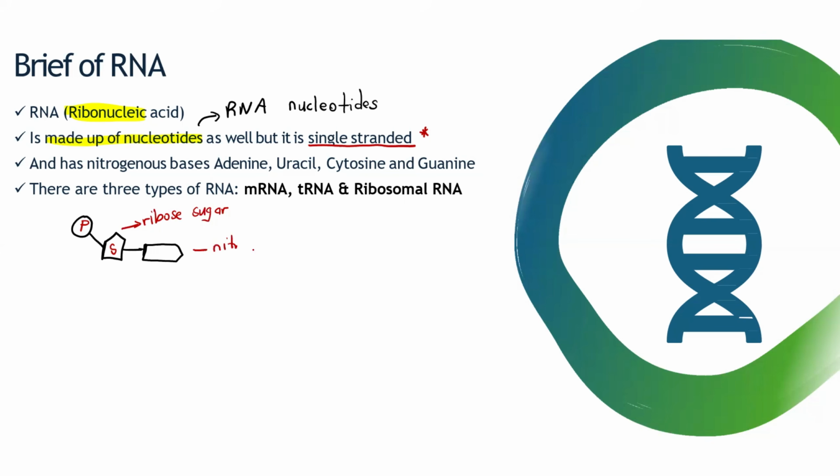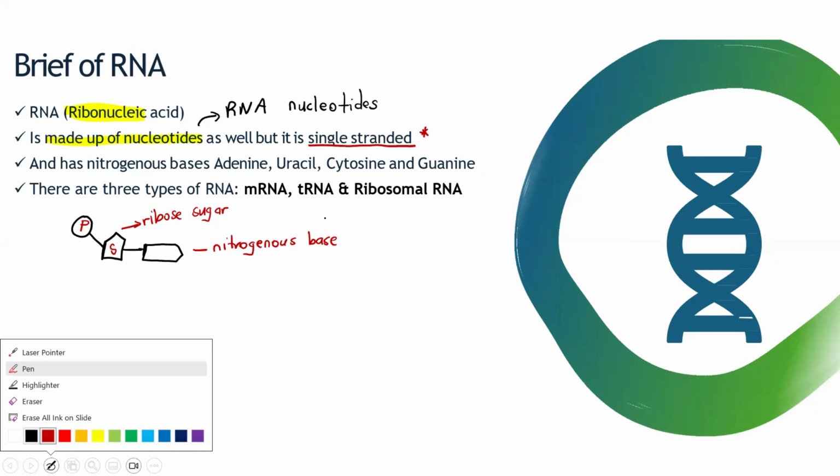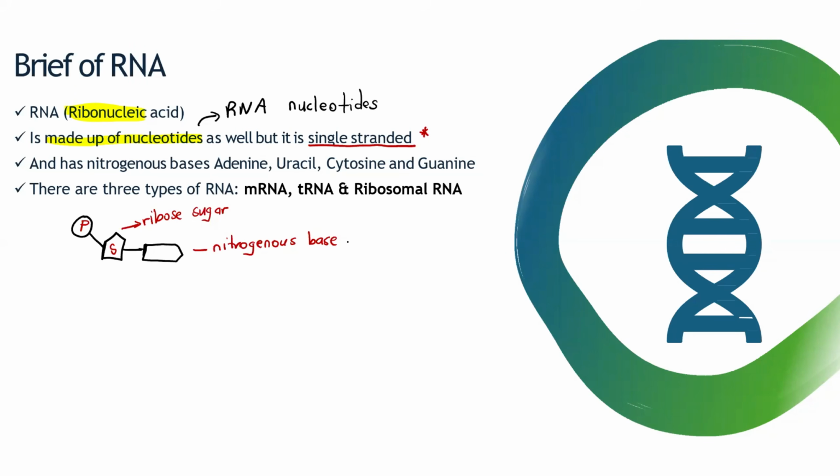A nitrogenous base. Now let's further explain about the nitrogenous base. How many nitrogenous bases can we find in RNA? There must also be 4, but we need to name them one by one, the nitrogenous bases that we find in RNA. So we have got adenine, the same way as DNA. Yes, Sam? What is the other one? Uracil. We have got uracil.